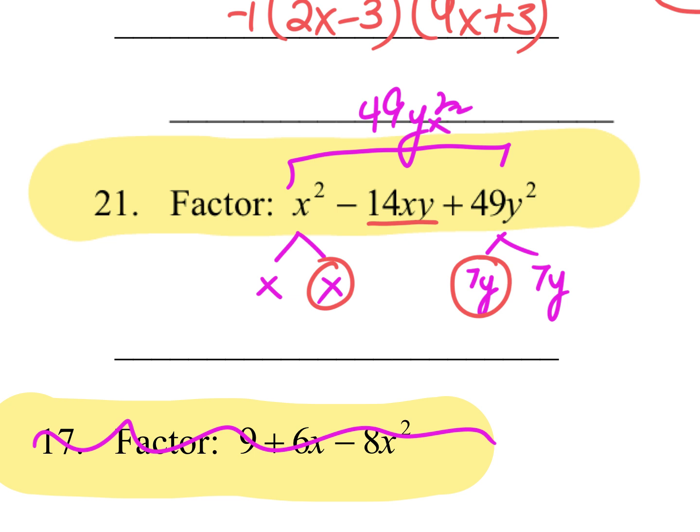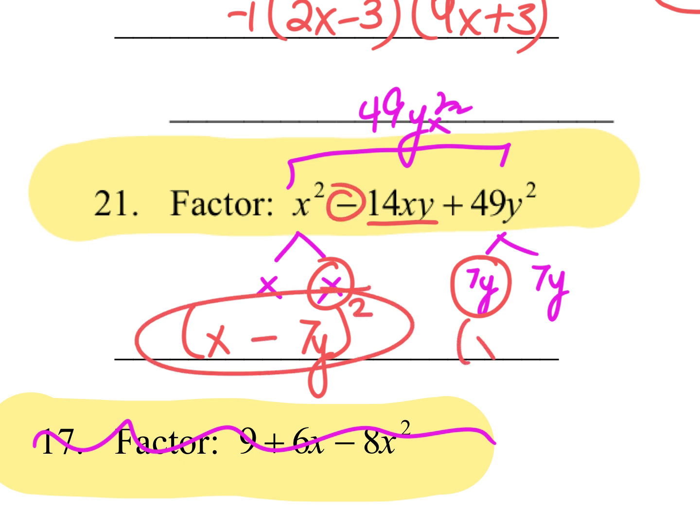This is a perfect square trinomial, meaning you'll have two parentheses that are exactly the same. What's in the front of each parenthesis? X. What's in the back? 7y. And what sign goes in the middle? Minus. You can write it like that, or you can say x minus 7y and x minus 7y. A lot of you on your test did something similar to this and then told me x plus 7y, x minus 7y.